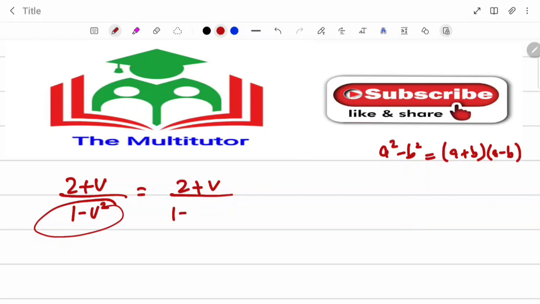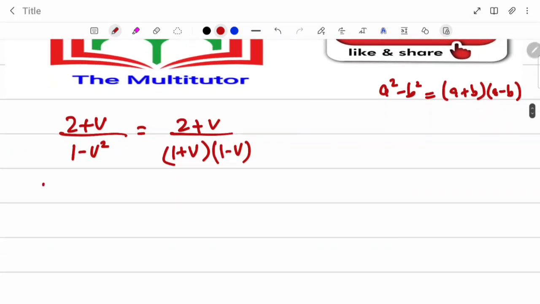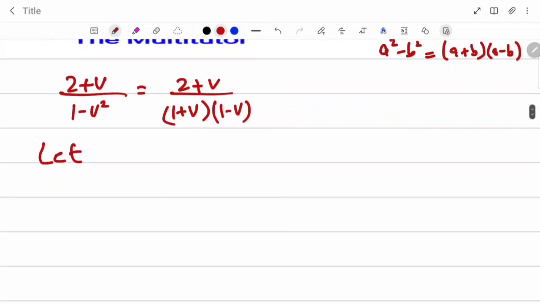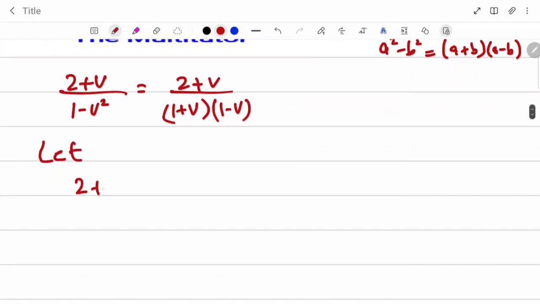So, can I write v minus 1 and v plus 1, or whatever you want to do, that's good. You can even write negative first or positive after. There is no issue in it. Now, make a let. So many lets are involved, so be careful.